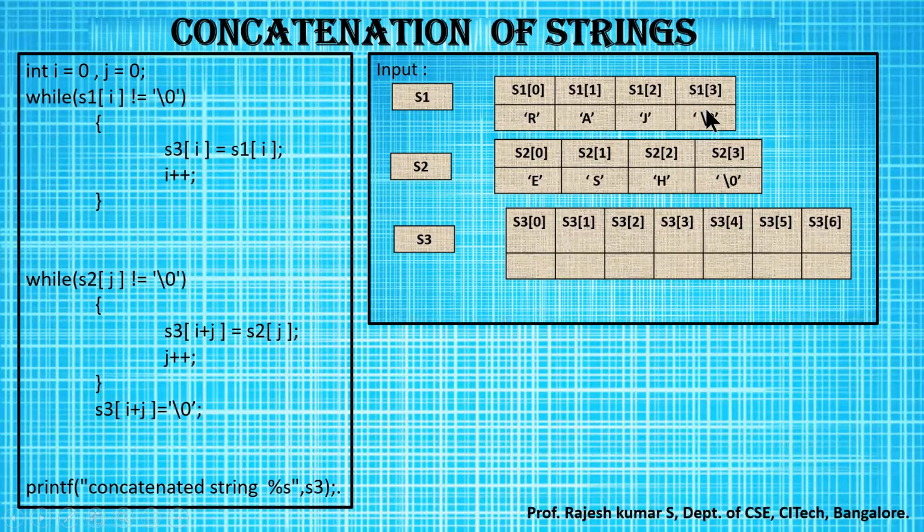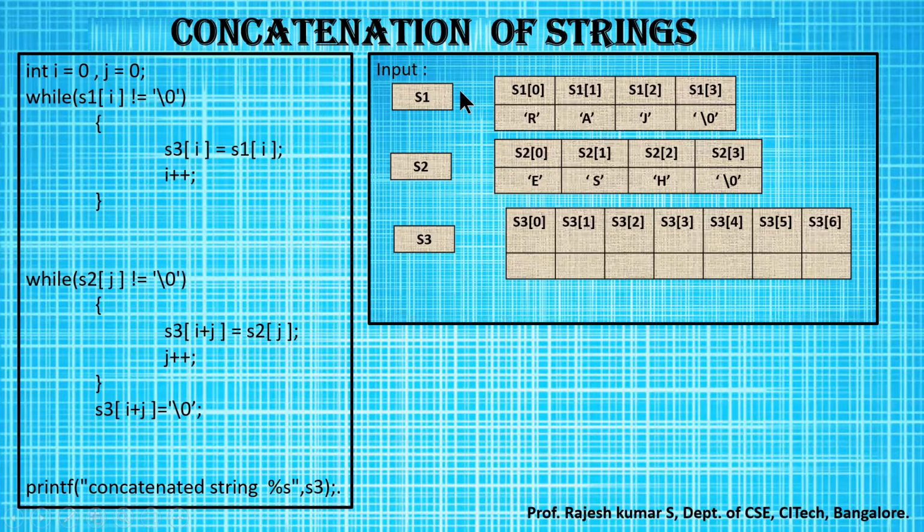Again, J will be copied here. When we reach the null value, we'll stop reading the first string and go to the second array. In the second array, we'll start reading from the initial value, and I'll store E in this location, S in this location, H in this location. When I encounter the null value in the second array, I will stop reading and insert a null value at the end of the S3 array.